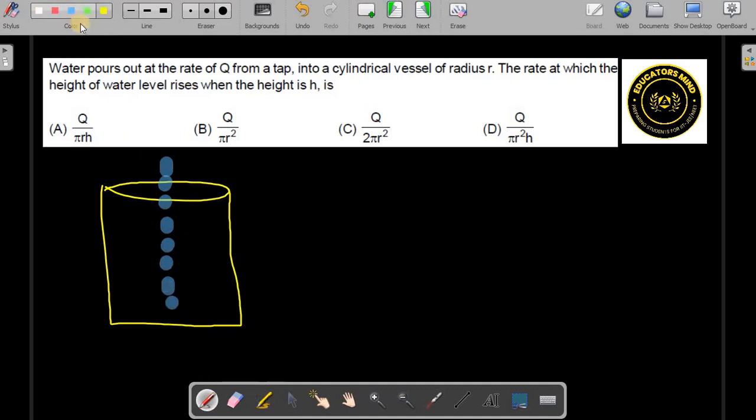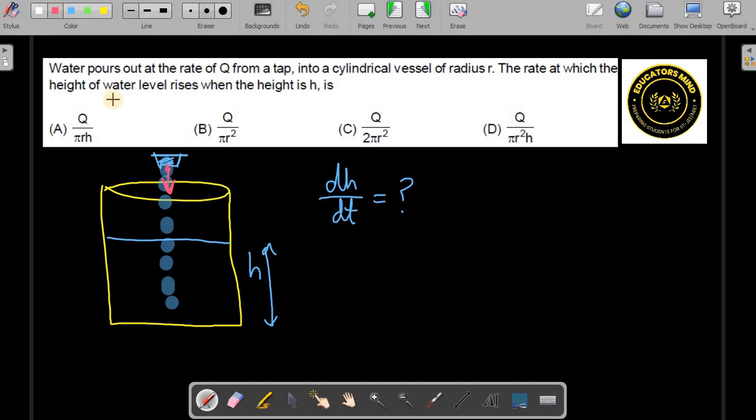It is getting filled to some height h. We have to calculate dh by dt, the rate at which the level is changing. Water pours from the tap at a uniform rate.